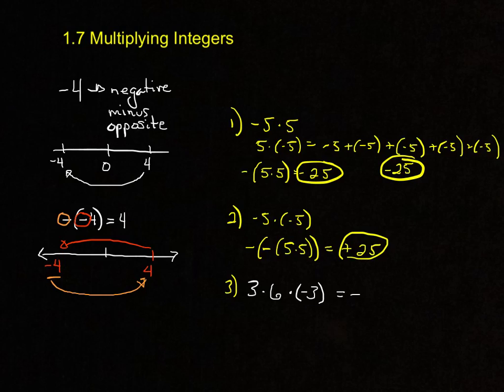So we're going to have the opposite only of this product, whatever it equals. So we do this in parts. We have 3 times 6, which is 18, times 3, which then gives us 54. And we're going to have the opposite of that, as we saw before. The opposite sign tells us to take the opposite of that value.